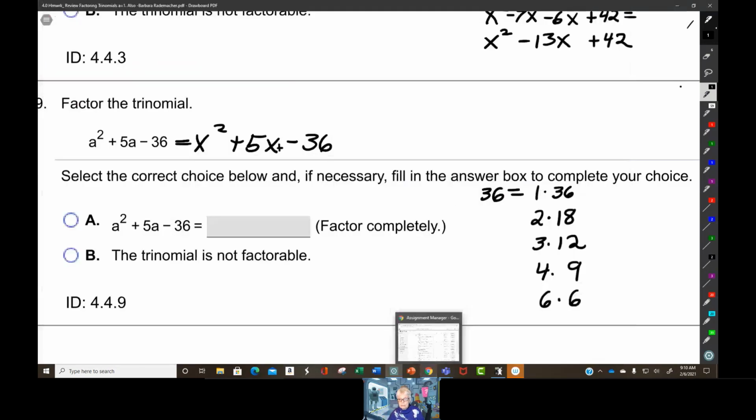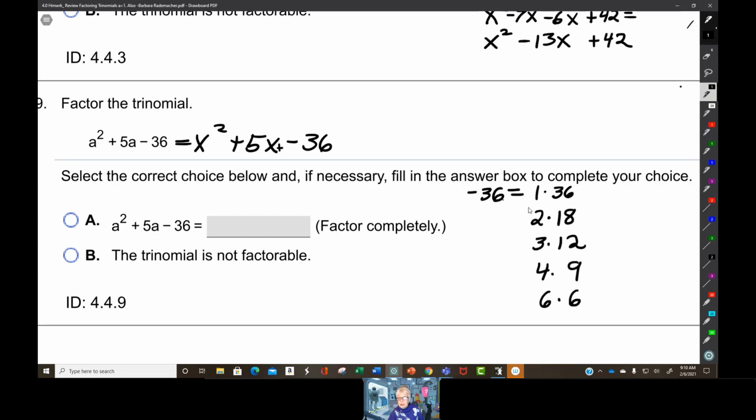Then I remember that 36 is negative. Wait a minute, that changes the whole game. One of these numbers in each pair has to be negative, and one has to be positive for me to get a negative answer, because negative equals positive times negative.